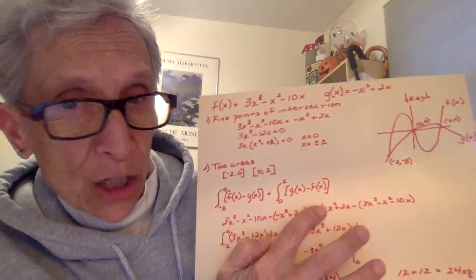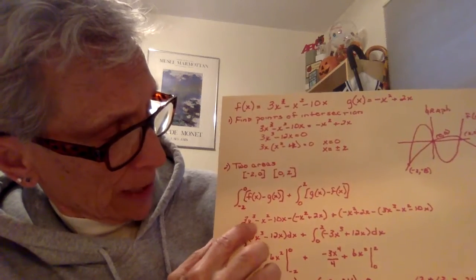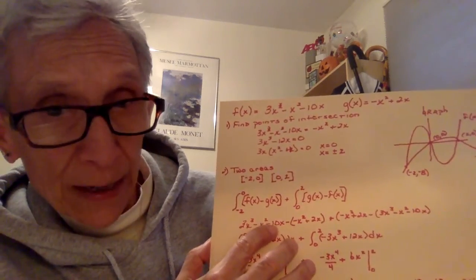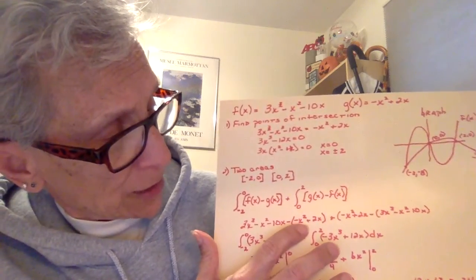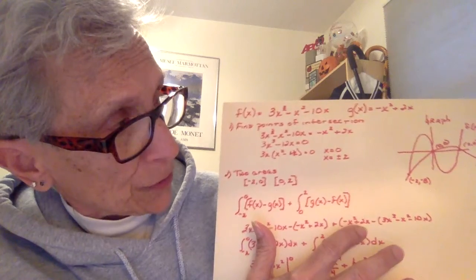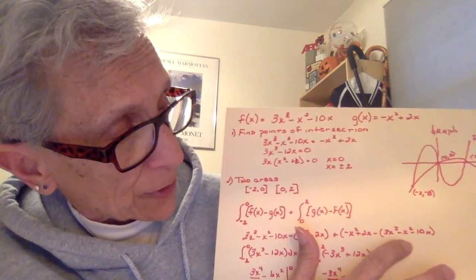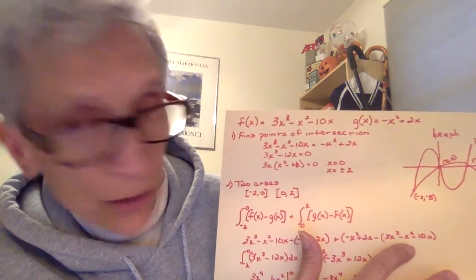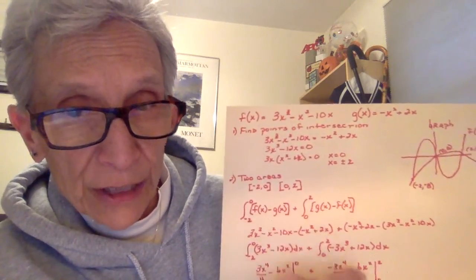In the first integral, the top curve is your 3x cubed minus x squared minus 10x, and your bottom curve is your minus x squared plus 2x. For this interval, your top curve is negative x squared plus 2x. Your bottom curve is 3x cubed minus x squared minus 10x. So two different regions.